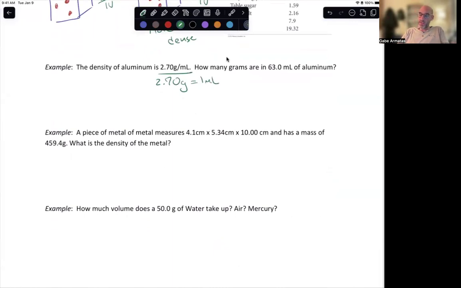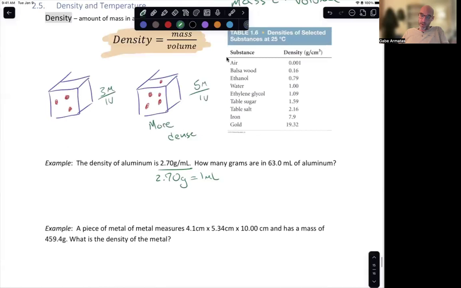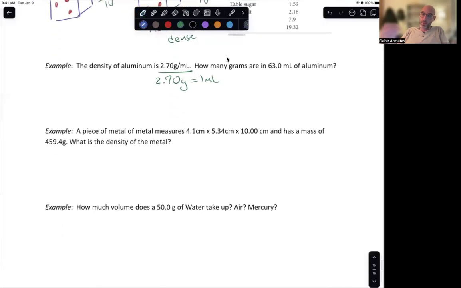How many grams are in 63 mils of aluminum? So again, we have a choice. We could use this D equals M over V equation, the one above, but we don't really need to. We can just simply always do these problems as a conversion factor, so you don't have to rearrange the equation. So write down my original number, 63.0 milliliters times a fraction, milliliters on the bottom, grams on the top, 2.70 grams per 1 mil.